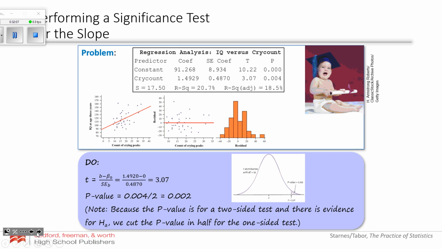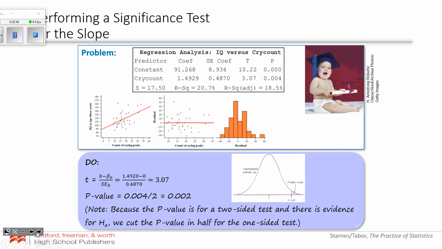So our test statistic. We need T is equal to, here's our formula, slope minus the hypothesized slope divided by the standard error of the slope. Got it? The hypothesized slope was 0, right? A lot of times when we do these tests in AP, we ask: is there a positive relationship?